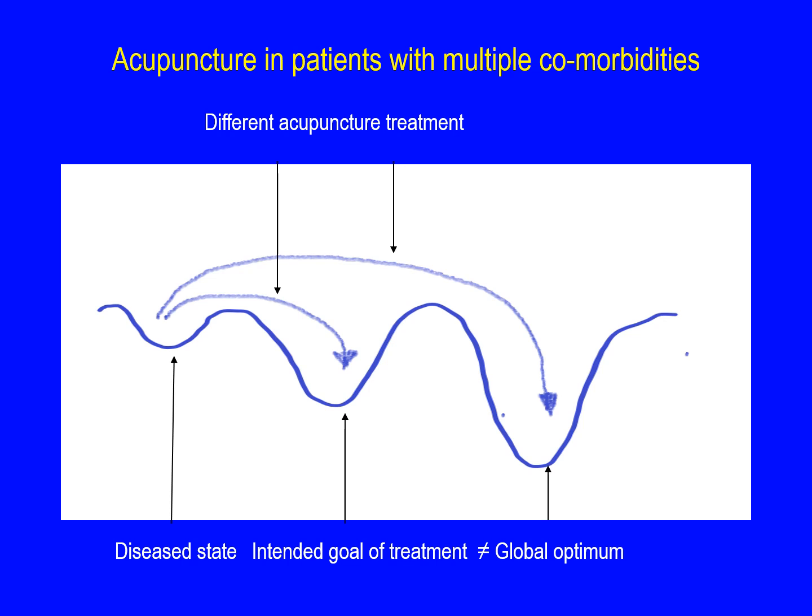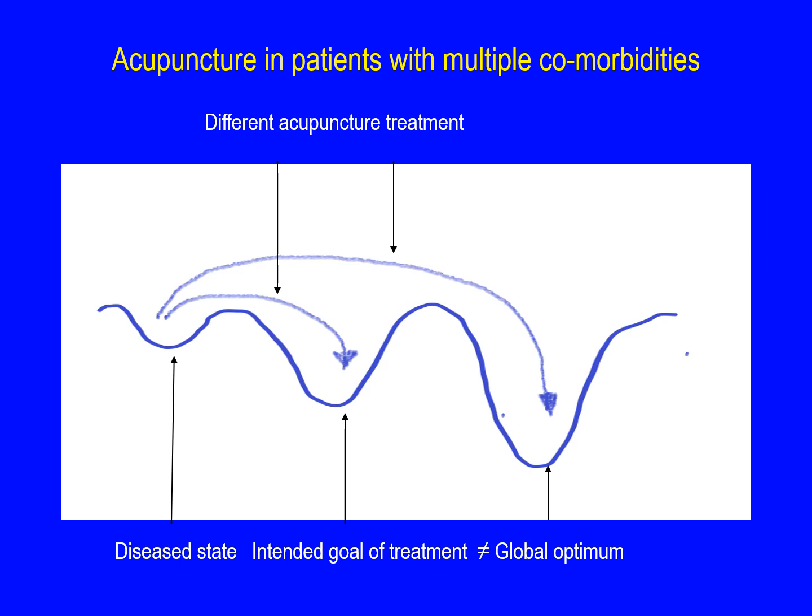So when you give acupuncture treatment to shake the patient out of the diseased state, it can settle at an intended goal of treatment, but if you use a lot of acupuncture points, it may be more likely to settle at a so-called global optimum, but one that is different from the intended goal of treatment.